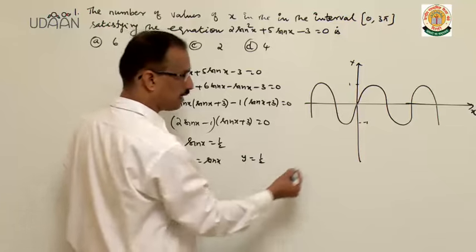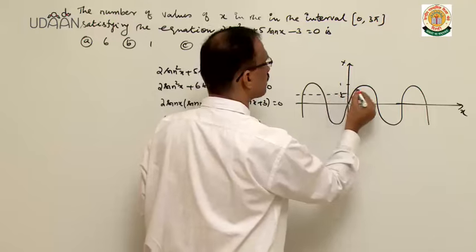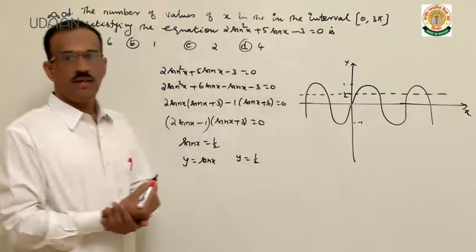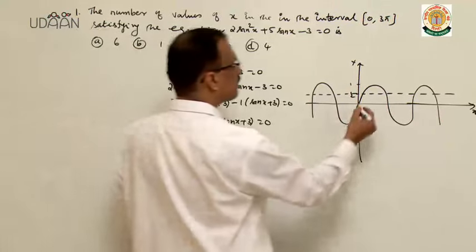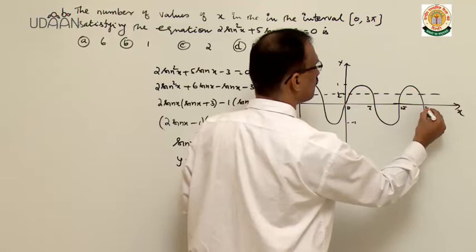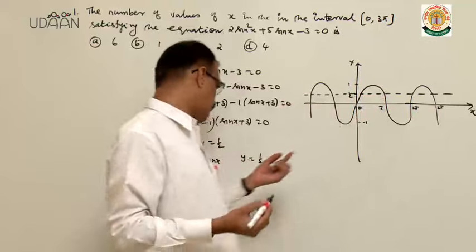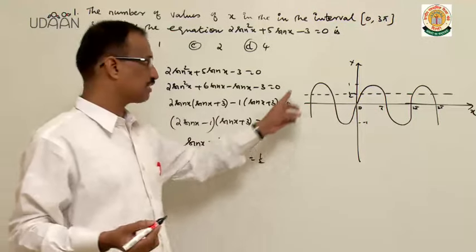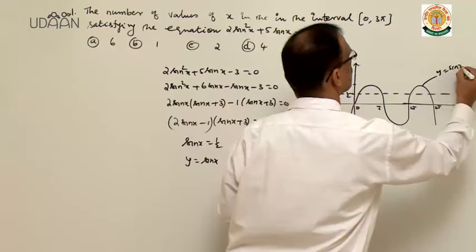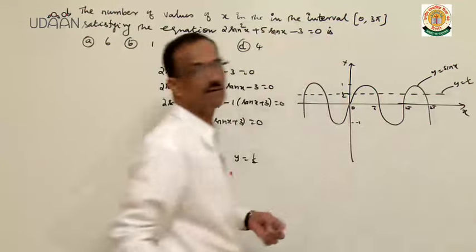And then you have y = 1/2, which is a line. So this is 0, then π, then 2π, then 3π. You have the curve y = sin x and this line y = 1/2.